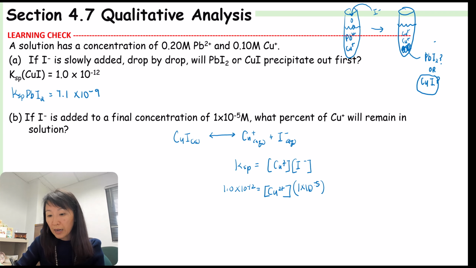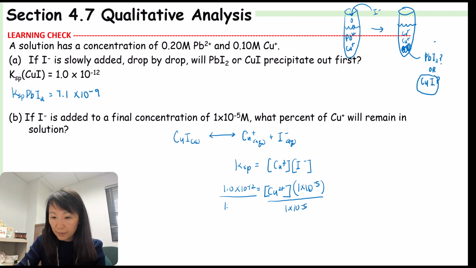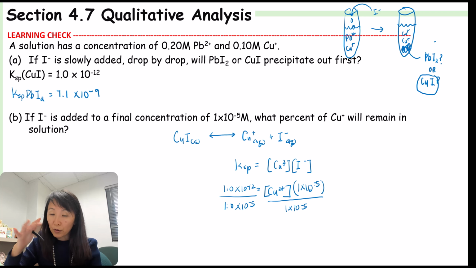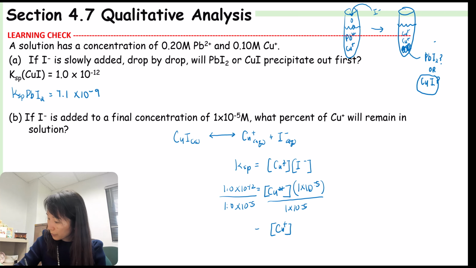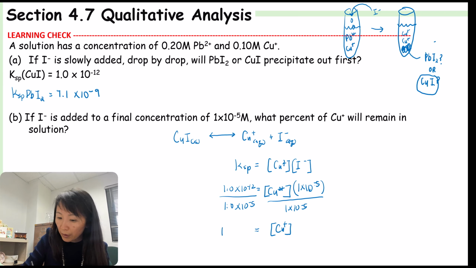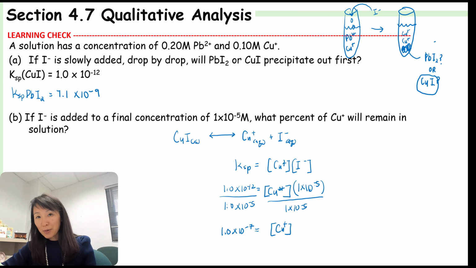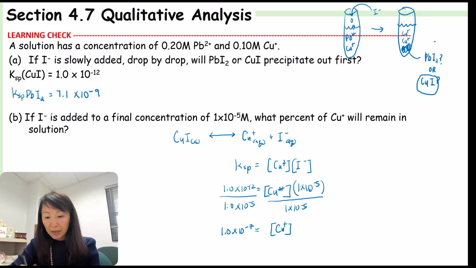So let's go ahead and divide both sides by 10 to the negative 5. Okay, and then if you punch this into the calculator, you should get copper, not 2 plus, but plus, concentration of 1.0 times 10 to the negative 7. All right, so now we're here, and this is in molarity.